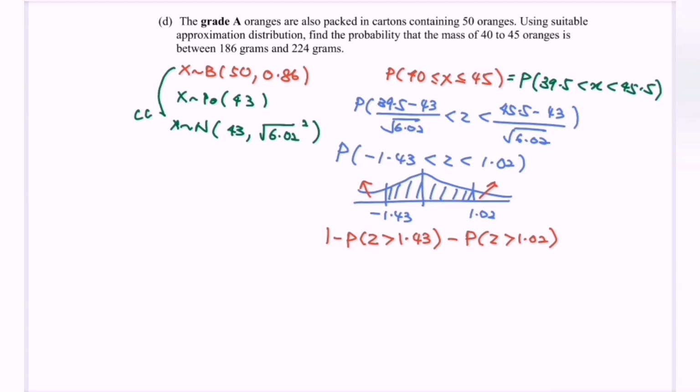Kindly refer to the table. 1 minus 0.0764, 0.1539. So probability that X is greater than or equal to 40 and less than or equal to 45. The probability will be 0.7697.